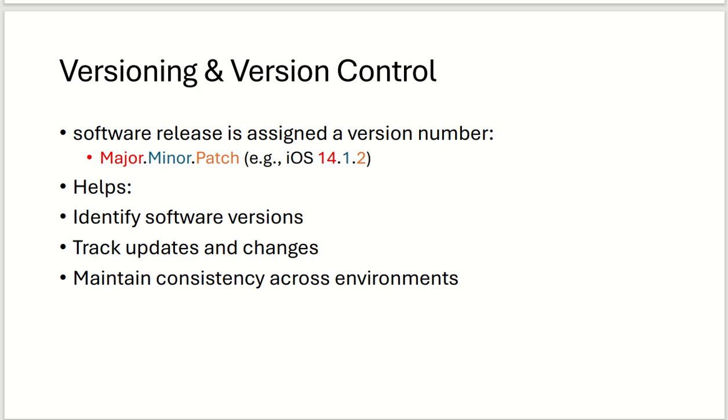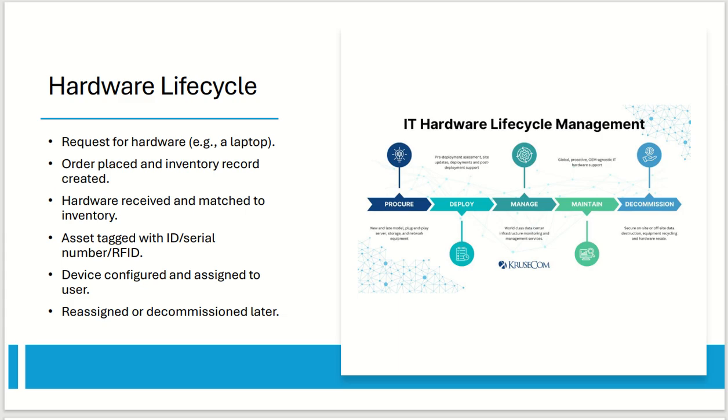The minor change that happened is gone from 0 to 1, and this is the second patch. Versioning helps to track updates and changes, and in that way, you have consistency across all working environments.